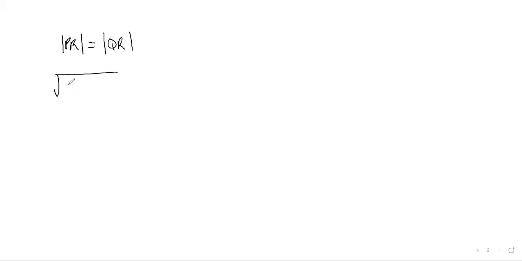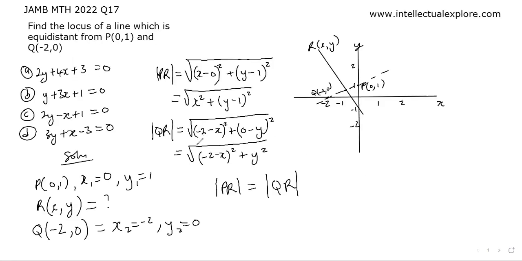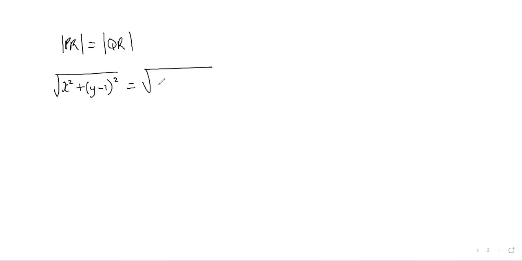That must be equal to QR, and our QR is the square root of (minus 2 minus x) all squared plus y squared. And of course, these square roots will cancel.